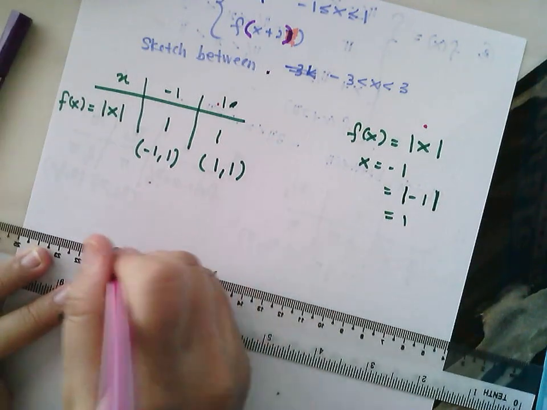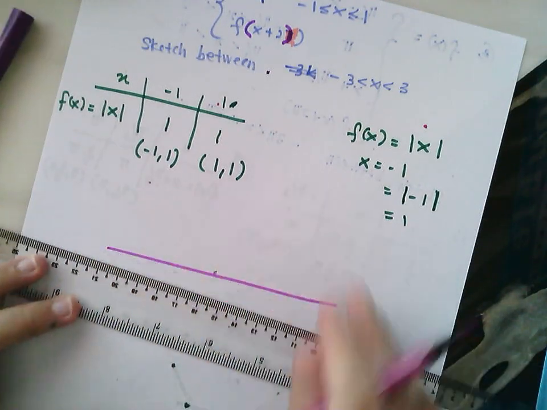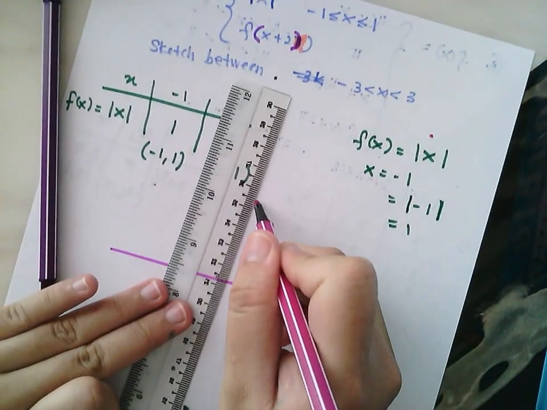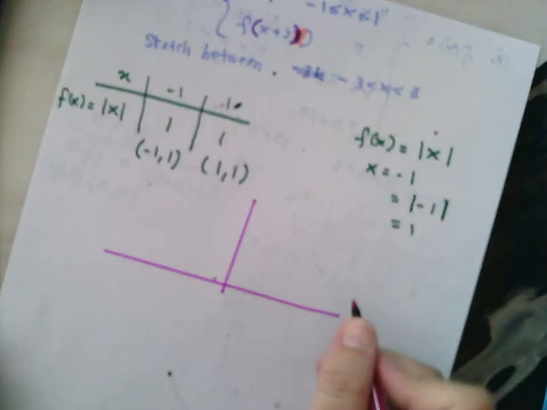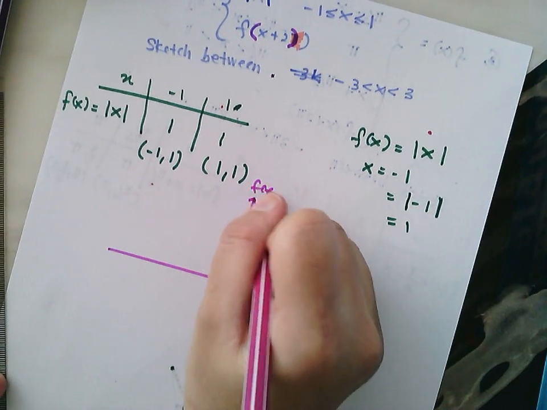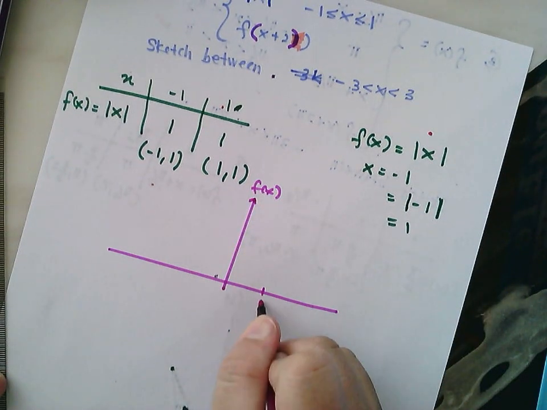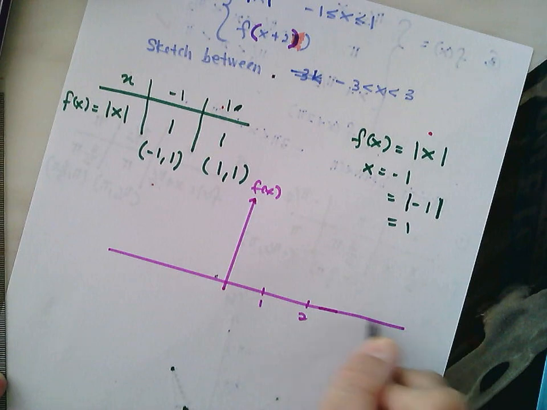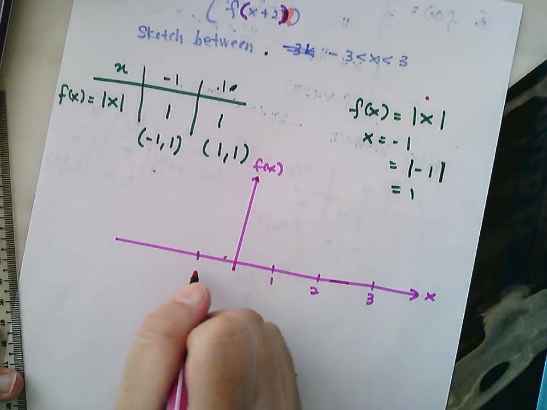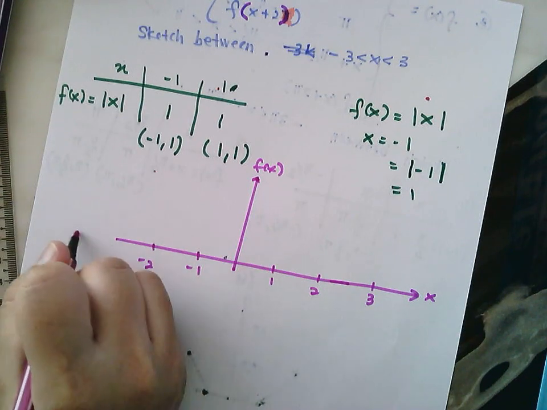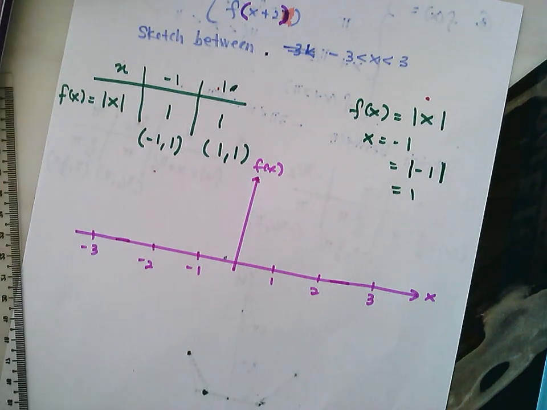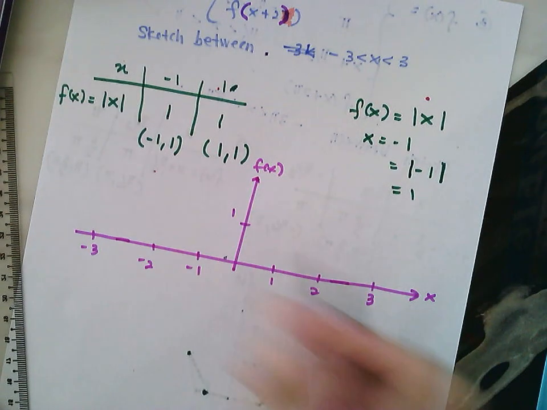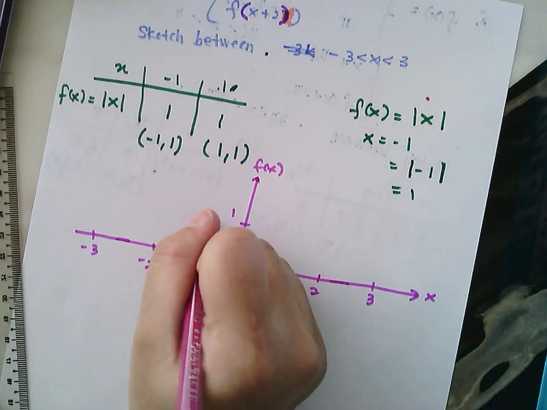So this is your x axis, and this is your f(x) axis. So 1, 2, 3. On your left hand side you have -1, -2, -3. The first coordinate will be -1 and 1, so let's consider here.